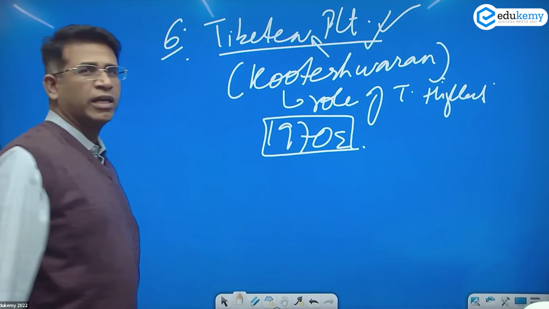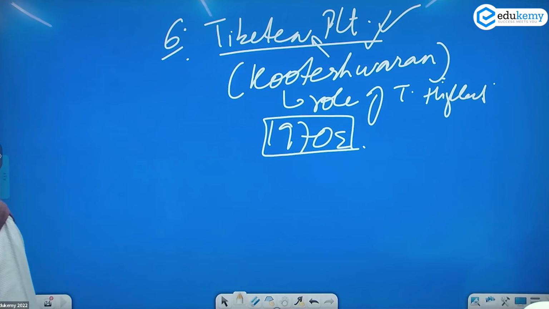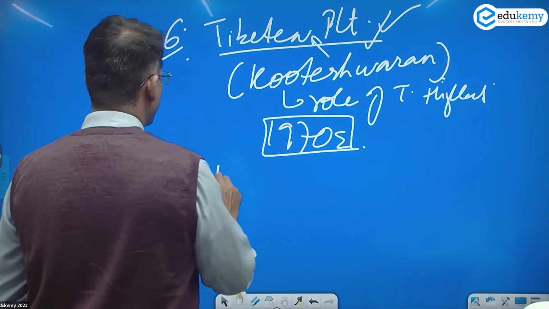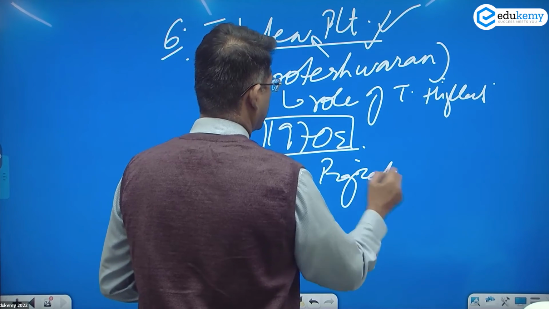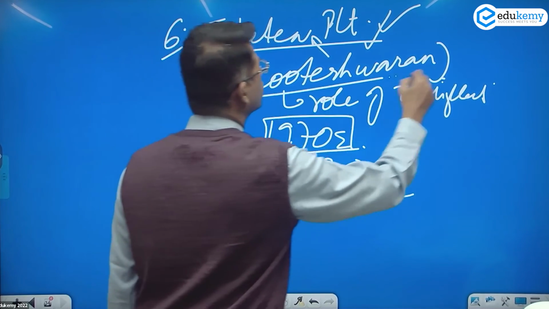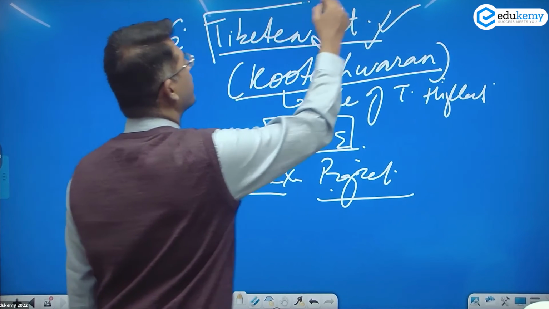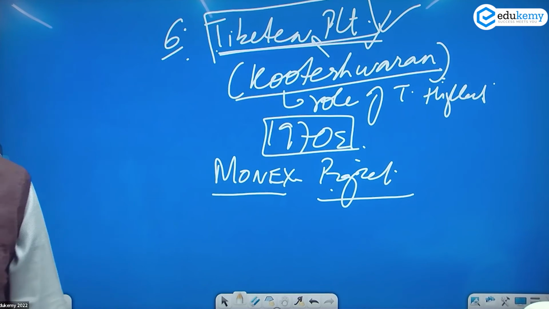There was an Indo-Russian project called the MONEX, Monsoon Experiment. इस project में this man Koteswaram said कि Tibetan plateau का बहुत अहमियत है. Tibetan plateau has a very important role to play.